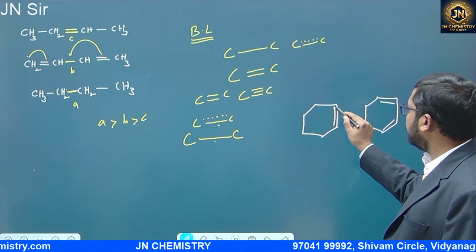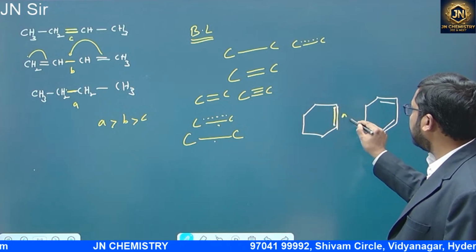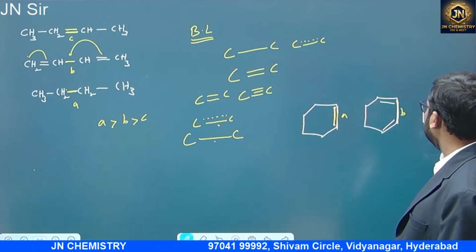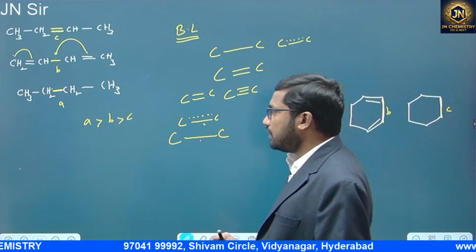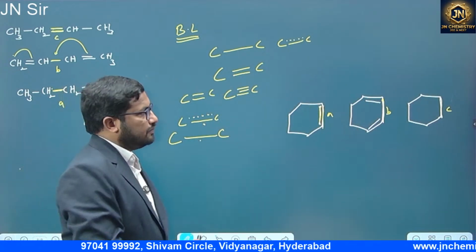This double bond, yellow color, I am showing. A, this is B, this is C. Right. Which is more bond length? Same question.